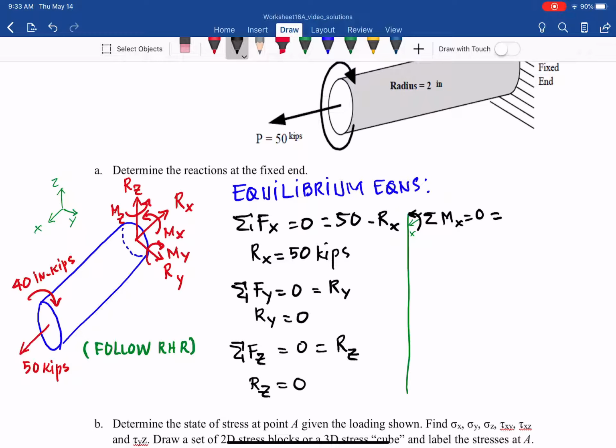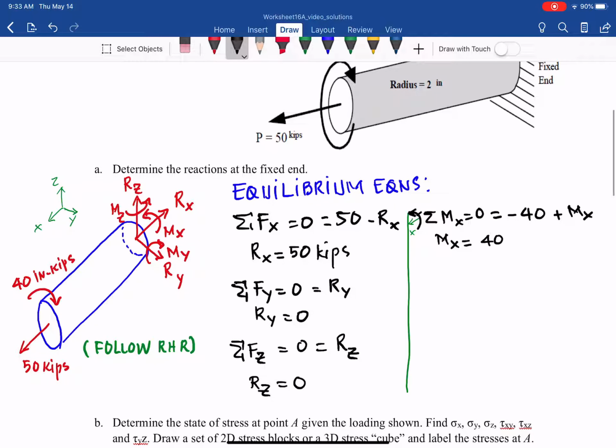The 40 inch-kip torsion, following the right hand rule, is negative, negative 40, and I assume the reaction is positive following the right hand rule. So the reaction moment Mx equals 40 inch-kips, positive based on the right hand rule.